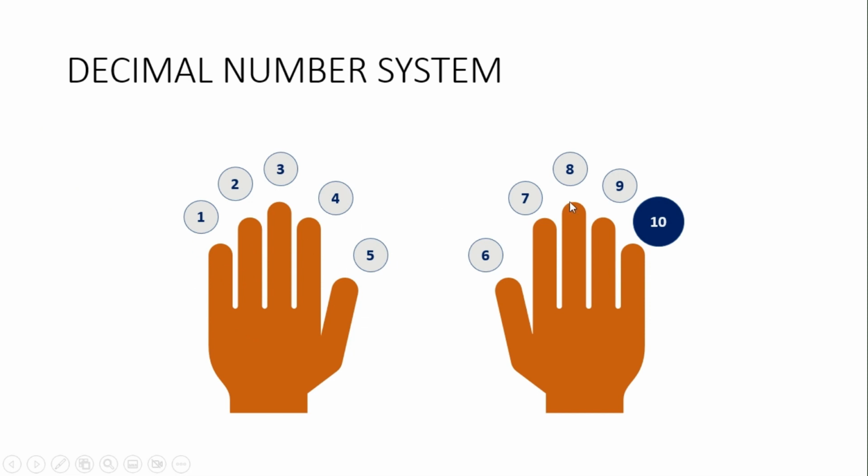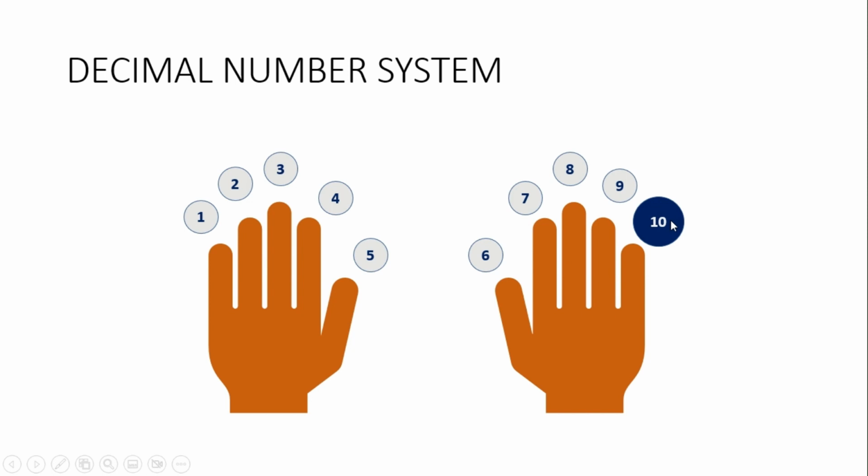If I want to count 10 apples, I only have 10 fingers I can count on. So what if I have 15 apples, or 12 apples, which is greater than 10? How will I count it? So people devised this number system in which whenever anything exceeds 10, we switch to another digit.